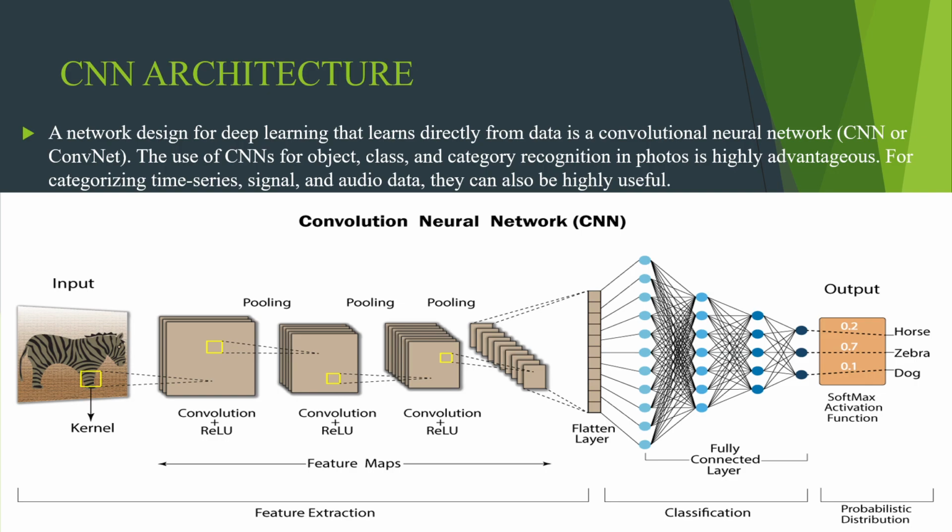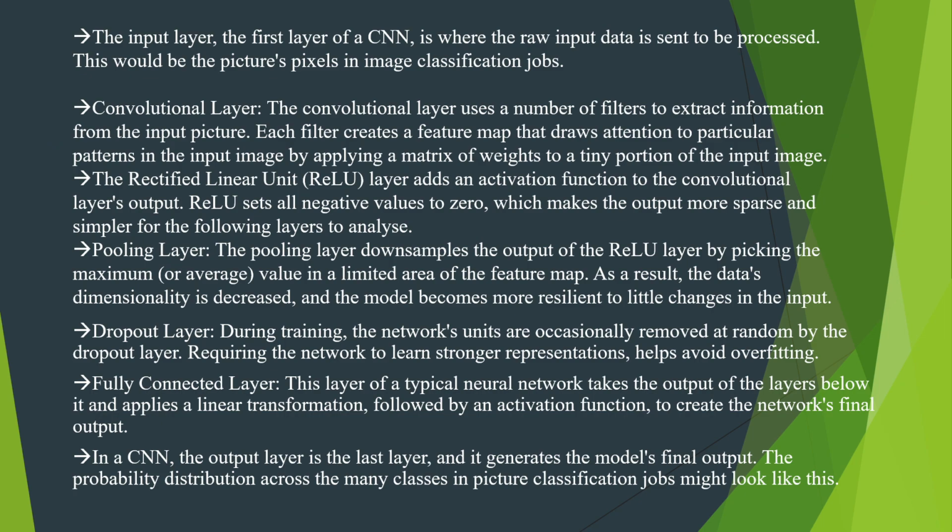In a convolutional neural network, there are different layers. The first is the input layer, where raw input data is set to be processed, which would be the pixels of an image in an image classification job. Next layer is the convolutional layer.